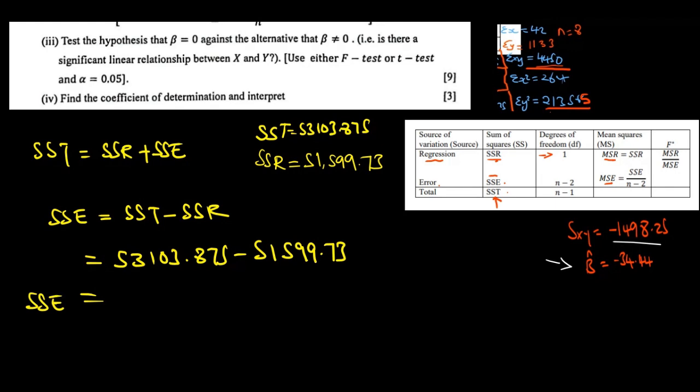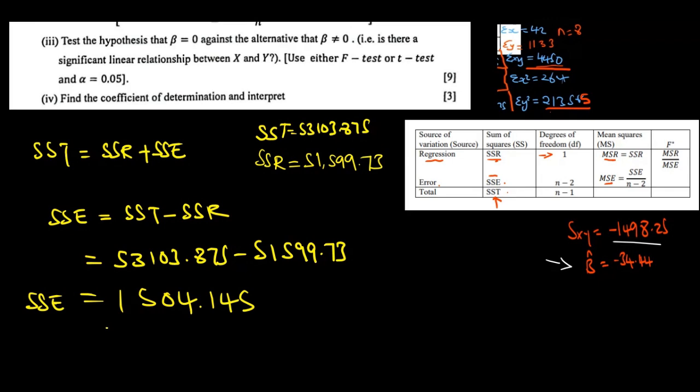So 53,1003.875 minus 51,599.73. When I subtract that, I'm getting this as my answer, 1505.145.